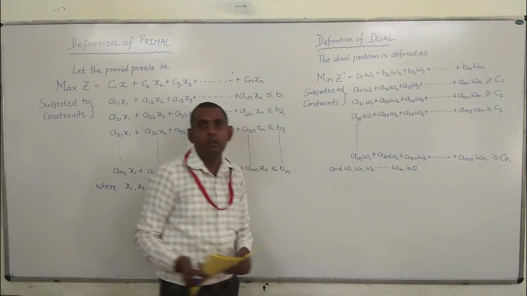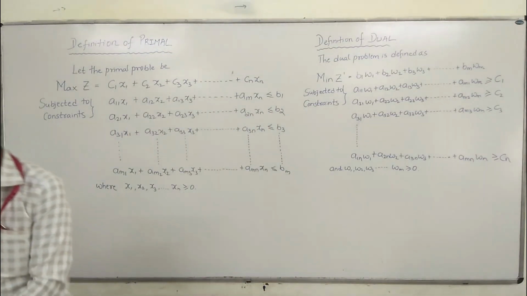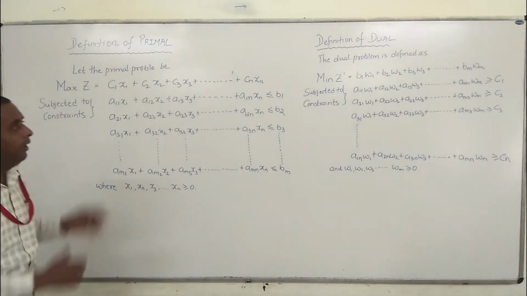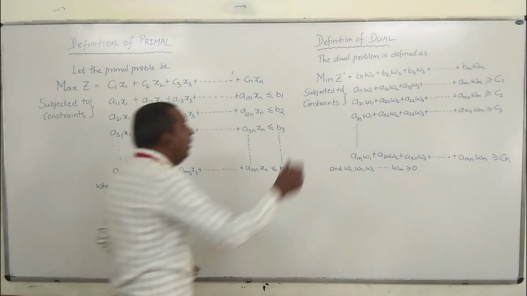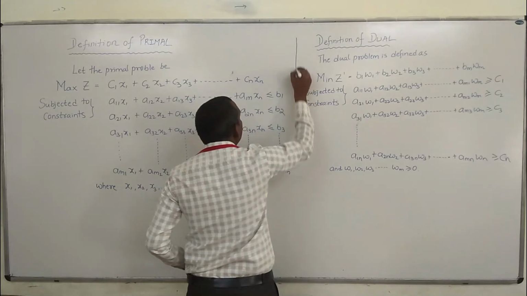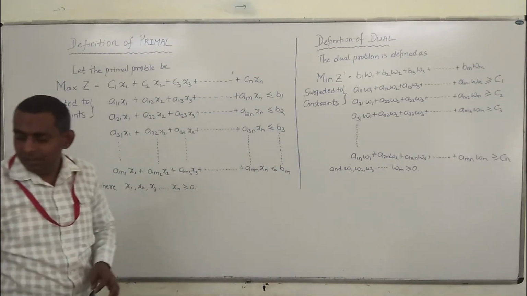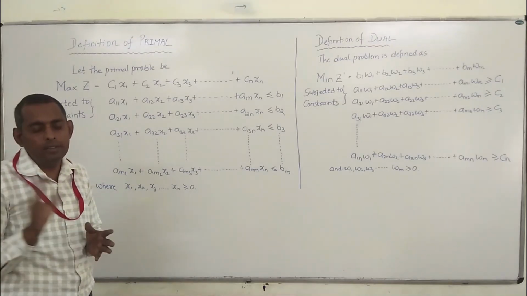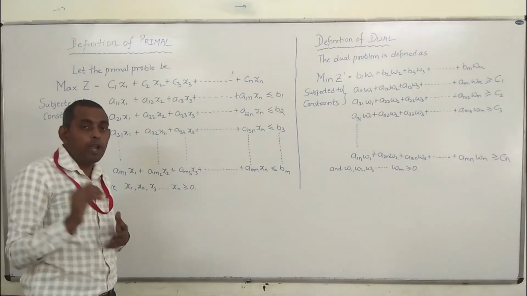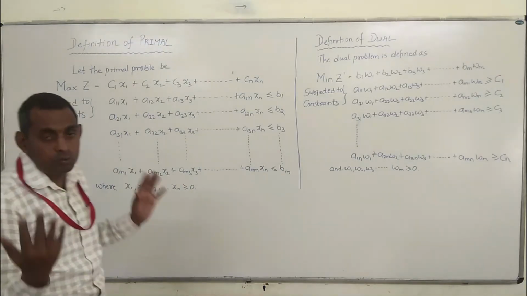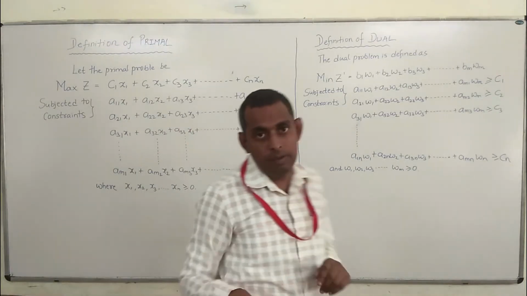Fine. So what happens here? The definitions of primal and dual are in front of you. Let me draw the line here. By looking into those 6 rules, we can understand what they told us in the previous class.